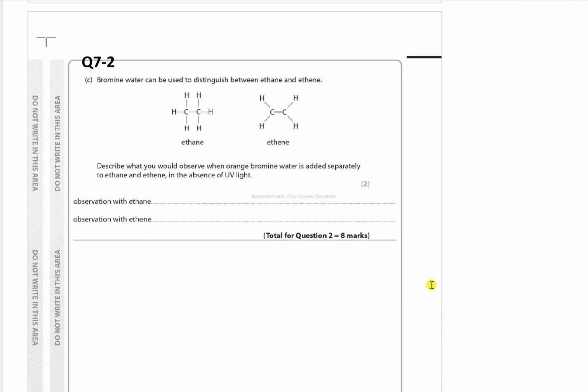Right, let's have a look. Describe what you observe with orange bromine water added separately to ethane and ethene.